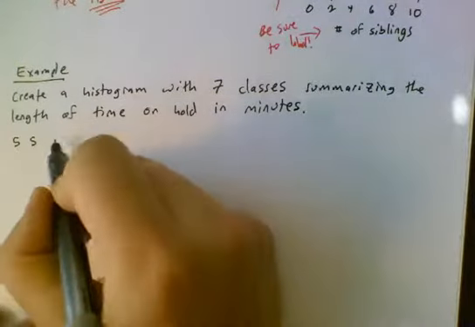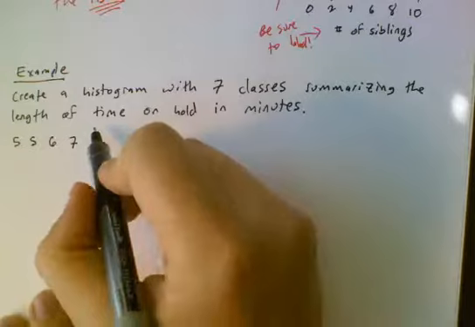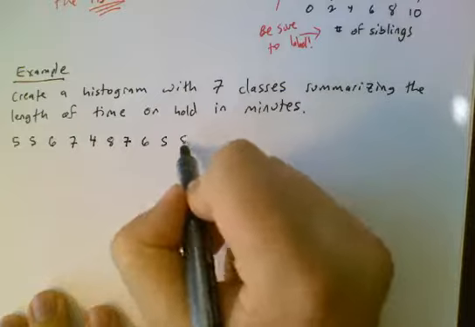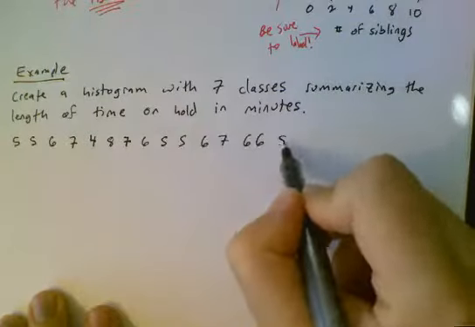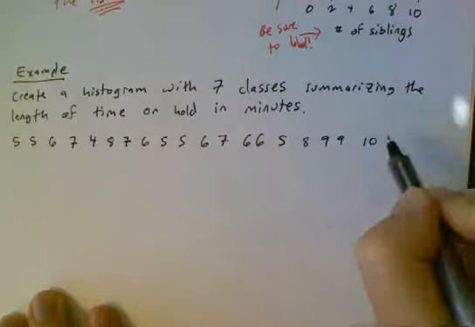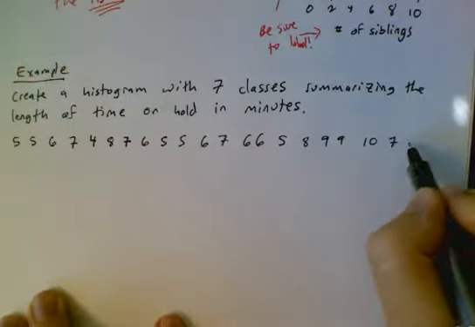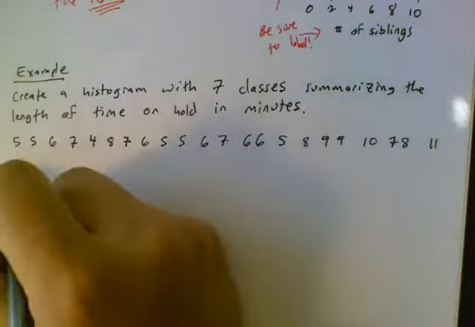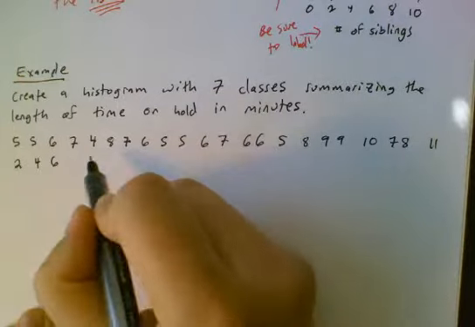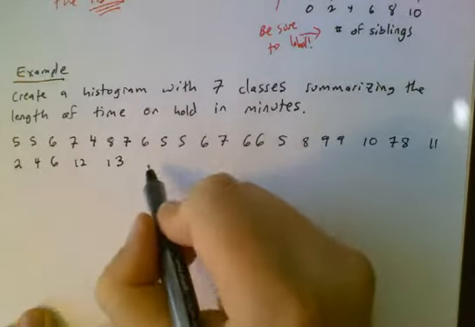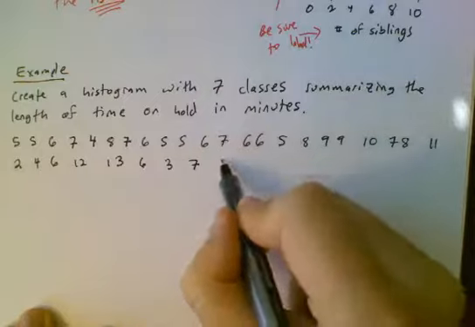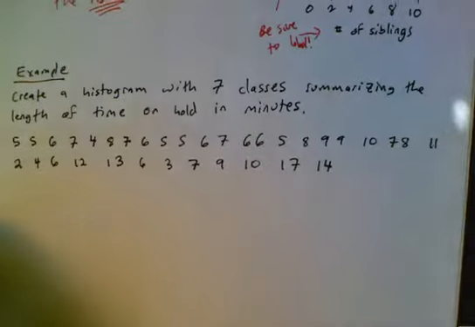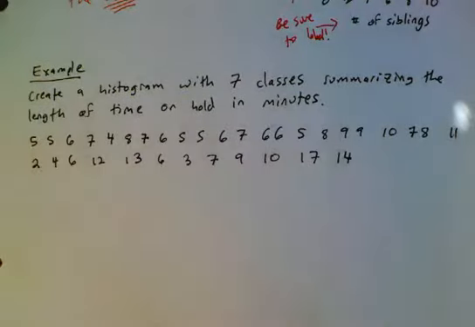We've got 5 minutes, 5 minutes, 6, 7, 4, 8, 7, 6, 5, 5, 6, 7, 6, 6, 5, 8, 9, 9, 10, 7, 8, 11, that is a 7 and an 8, not 78, 2, 4, 6, 12, 13, 6, 3, 7, 9, 10, 17, and 14.